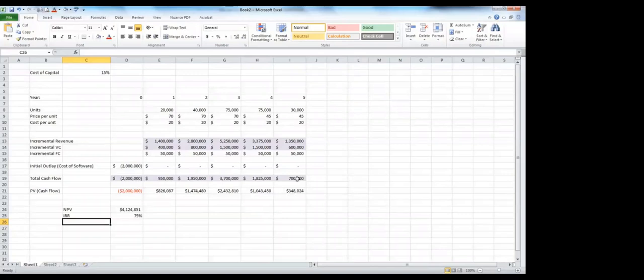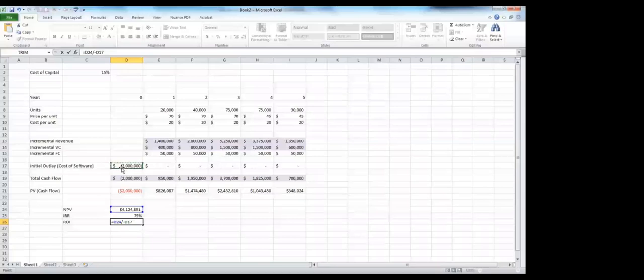And your return on investment, we're going to calculate that as your NPV over your initial outlay. I'm going to make the initial outlay negative, because it's negative right now. But all I want to do is take my NPV divided by that number. This should be a percent too. We're making over 200% on this project.